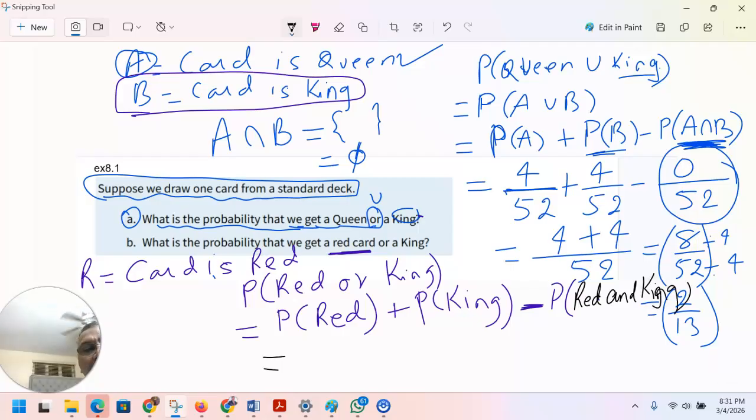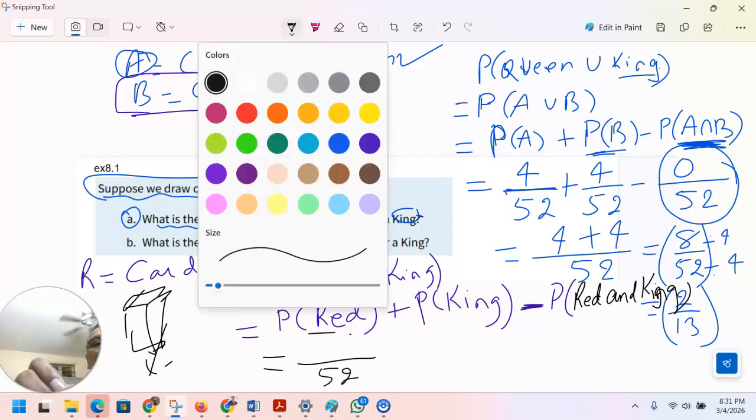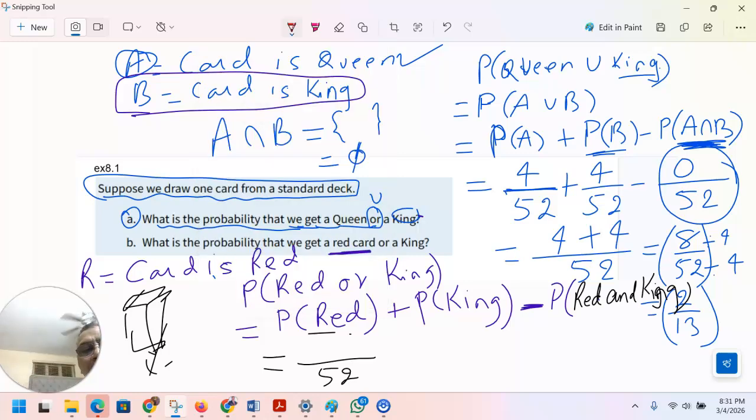Now, how many red cards are there? When you draw a card out of 52, there are 26 red cards. Then how many cards are king?